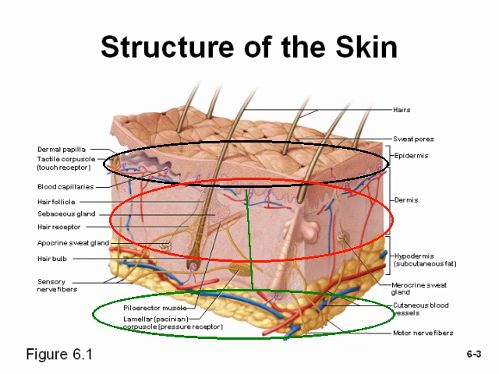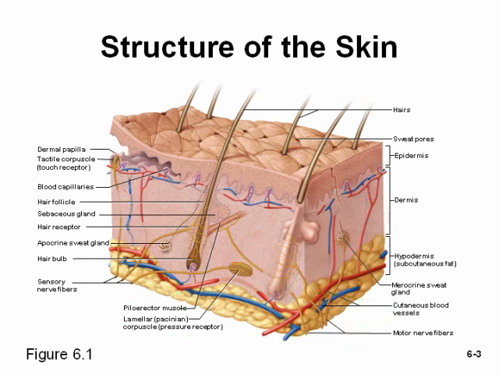We see multiple structures associated with the skin besides the layers. Of course, here we have hair follicles. Over in this area here, we've got blood vessels. Down in this area, of course, the shaft and the bulb of the hair.